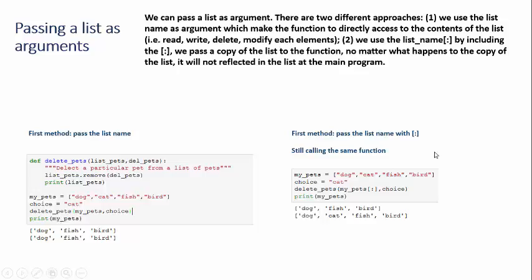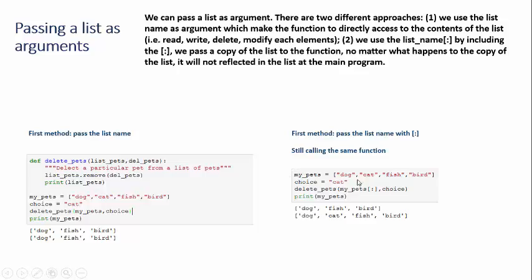So now the second method is to pass the list with the square bracket with the colon after that, which means it's going to pass a copy of my pets into the function, and anything that is done to the copy of my pets is not going to be reflected in the list in the main program.